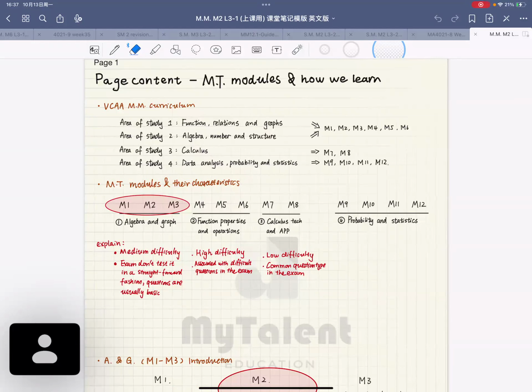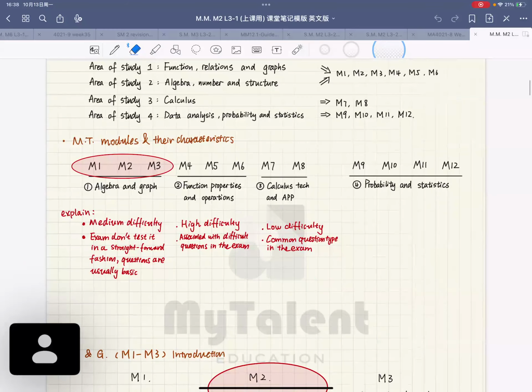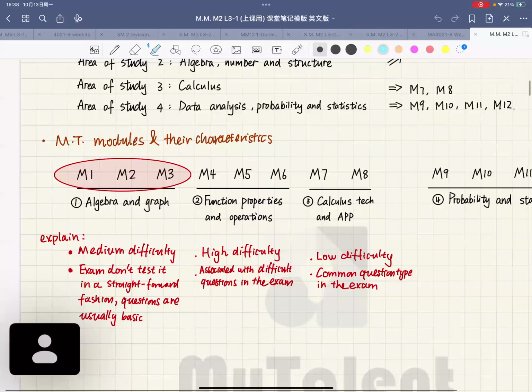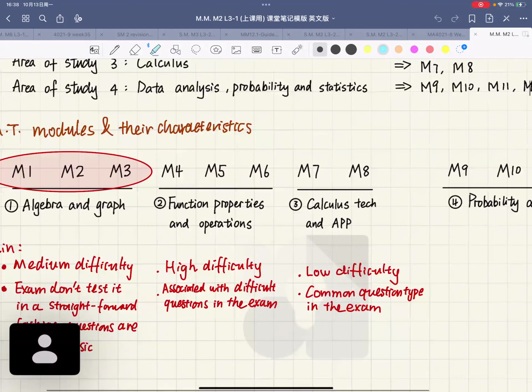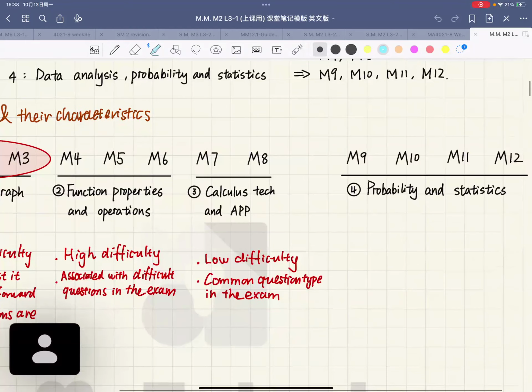At my tutoring centre, we use modules to cover all the topics in Maths Methods. We have a total of 12 modules. Modules 1, 2, and 3 are about algebra and graphs. Modules 4, 5, 6 are function properties and operations. Modules 7 and 8 are calculus techniques and applications, like differentiation, integration, and things like that.